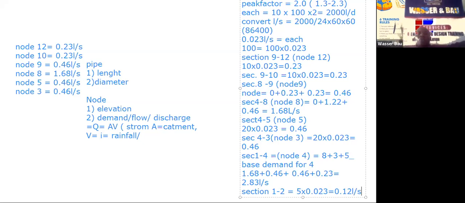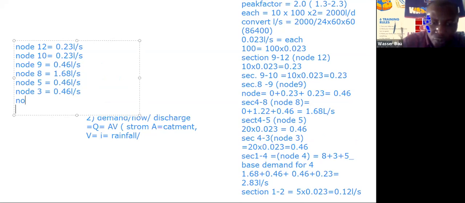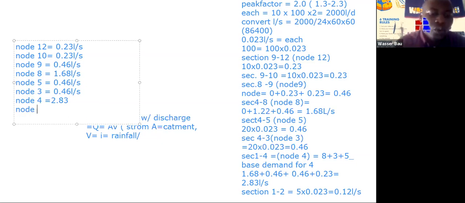Okay, so it means that node 4 is 2.83. And node 2 is 0.12.